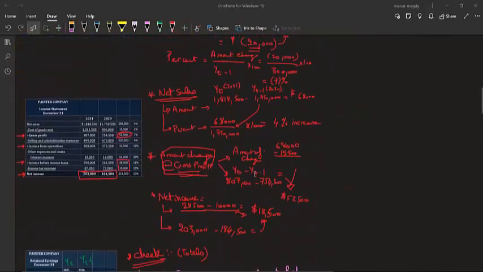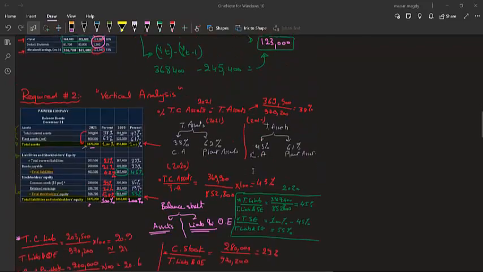The next requirement is return on common stockholders' equity.